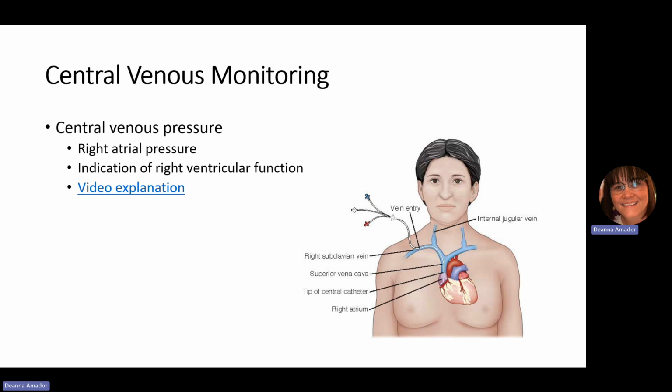And the treatment for that could be fluid boluses, also vasopressor therapy that would cause constriction of my veins, and that would raise my CVP. So think about what could cause a high CVP, what could cause a low CVP, and what you would do with those numbers to treat it.